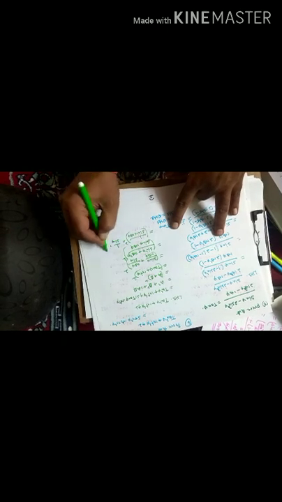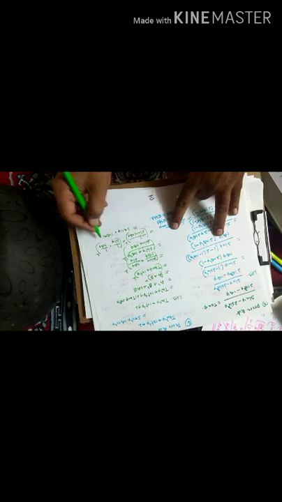So I can write 1 by sin theta into 1 by cos theta whole square. We know that 1 by sin is cosec theta and 1 by cos is sec theta, whole square. That is equal to sec square theta into cosec square theta. This is RHS.